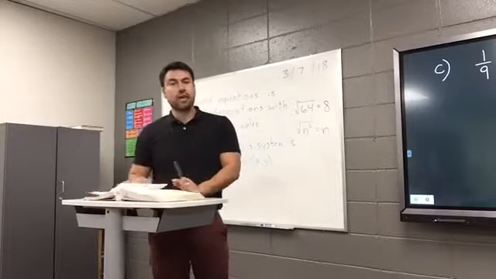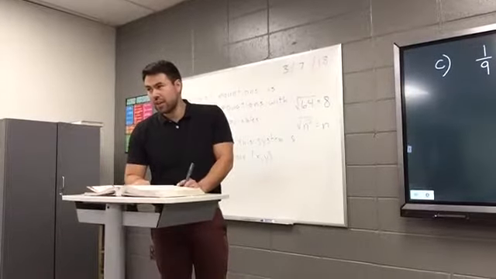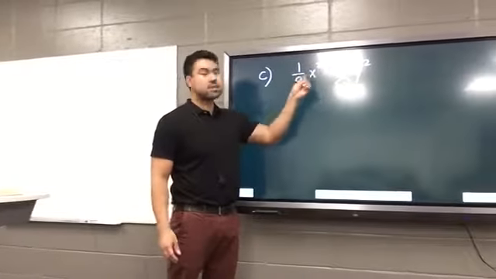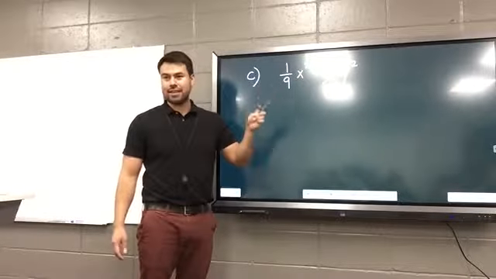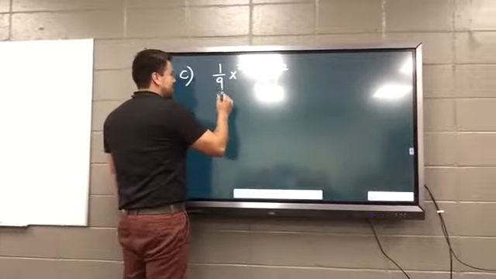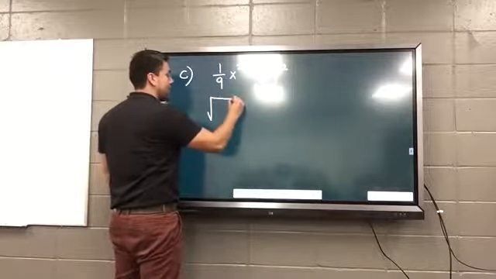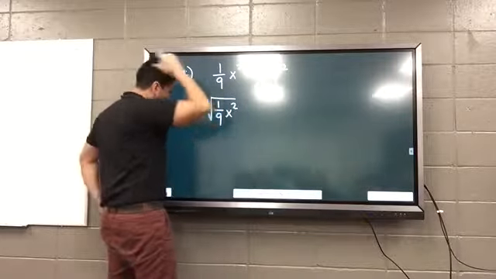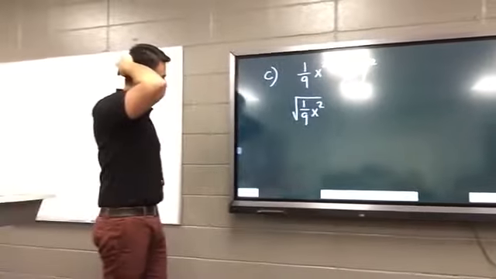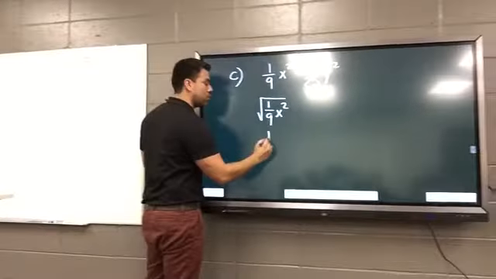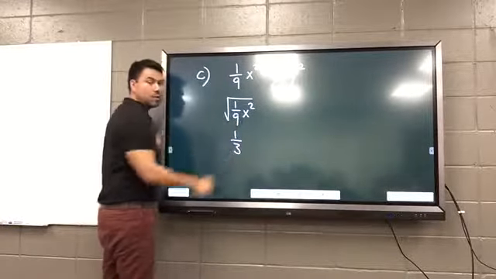By the way, just a little hint. Please listen carefully. You do get fractions with common factors. This is not one of those. Okay, so what I'm going to do here is find the square root of 1/9 x squared. Isn't 1/3 times 1/3 1/9?